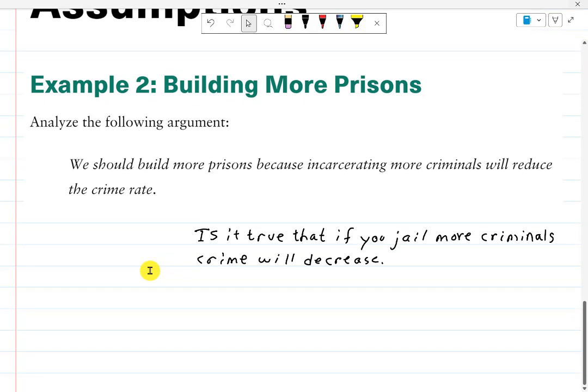Well, you can't take it at face value. They're probably thinking along these lines. Fewer criminals, I'll say fewer free criminals, clearly make less crime because there's fewer people.